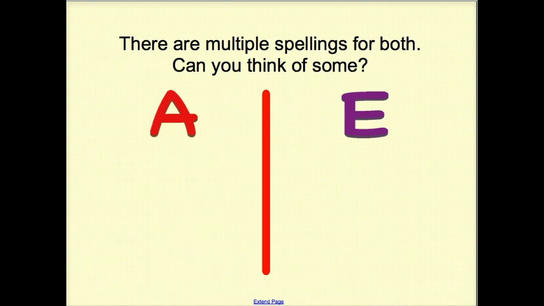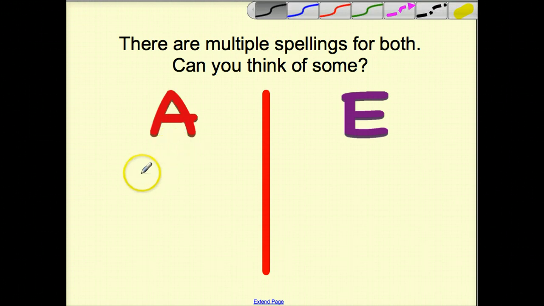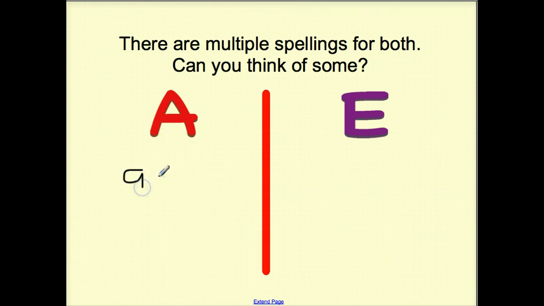Now there are multiple spellings for both long A and long E. Can you think of some? Go ahead, shout them out to your computer. No one's listening to you, I'm sure. But maybe you thought, oh, A and a silent E. Okay, you would be right. Maybe you said AY. You'd also be right.